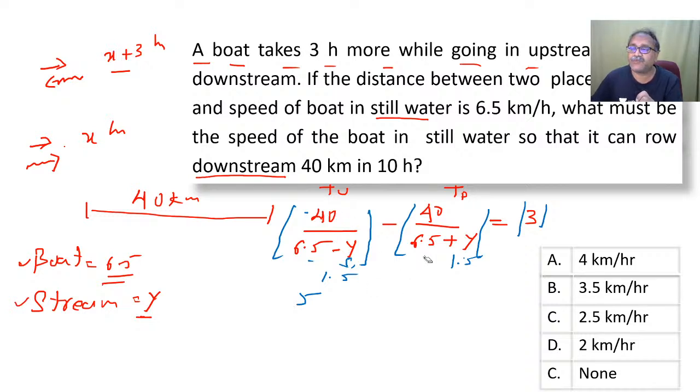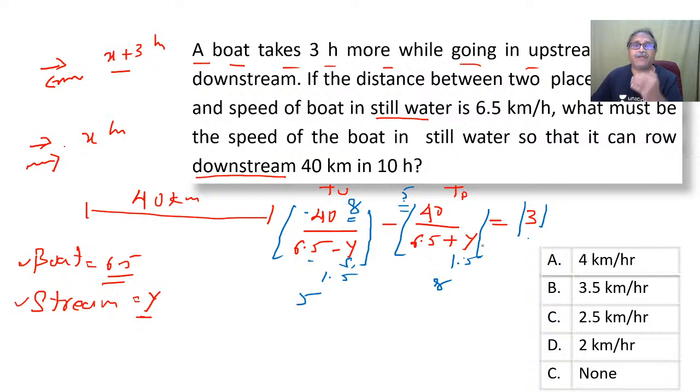So 40 divided by 5 gives 8, and 40 divided by 8 gives 5, and 8 minus 5 is 3.